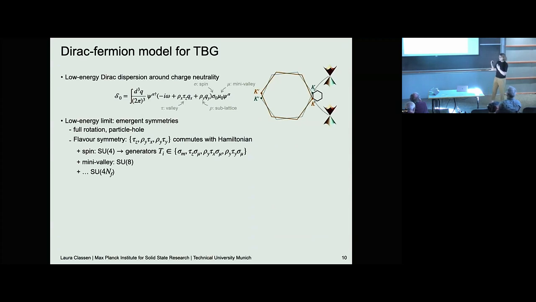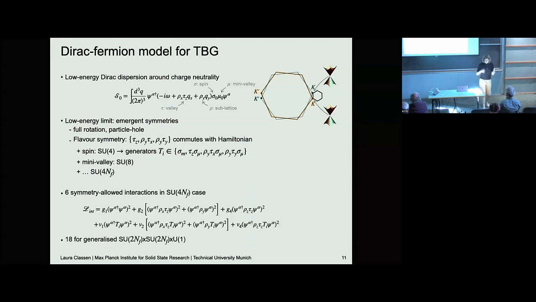First of all, there is this SU2-like manifold, which comes from basically the valley degrees of freedom. But then, because we have the spin, this can be enlarged to SU4 with these generators. If I had the mini valley, it would be SU8. And then, at least theoretically, we can keep going, and we generalize this to general fermion flavor numbers so that we have an SU(4N_F) symmetry.